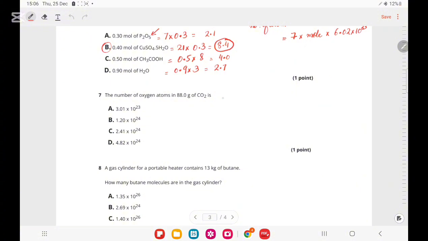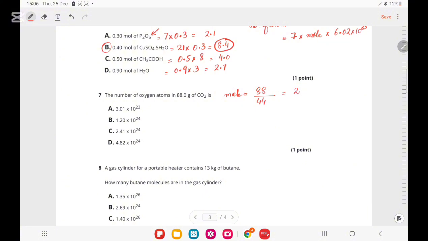First we are given the mass, so I'm going to find the moles, which is equal to mass divided by molar mass, and that comes out to be 44. So the moles here are going to be 2.